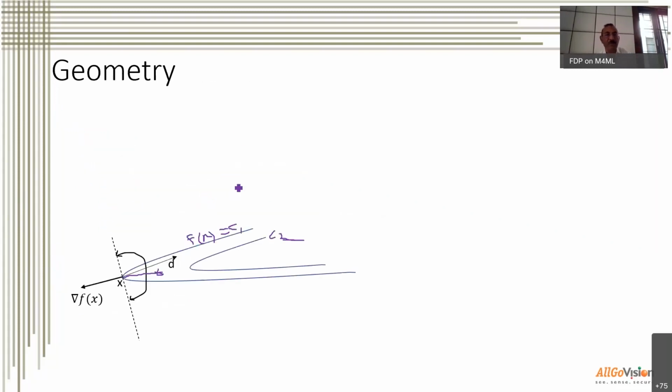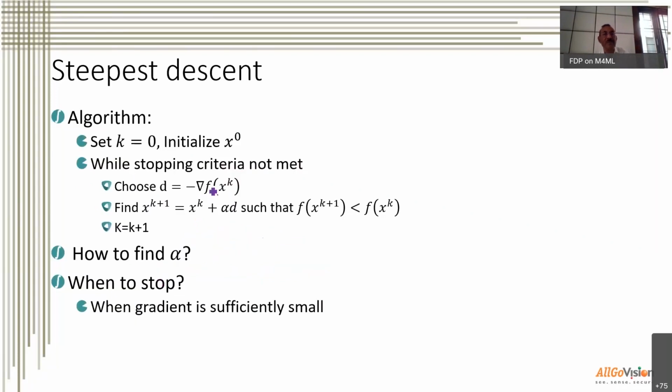This is the steepest descent direction in which we want to move. And then we want to find the next xk plus 1, which is xk plus some alpha d, such that f of xk plus 1 is less than f of xk. Right? That's our aim. And then set the iteration counter to 1 higher and keep doing this. Right? That's essentially it. That's the steepest descent algorithm. That's all. Nothing more than this.